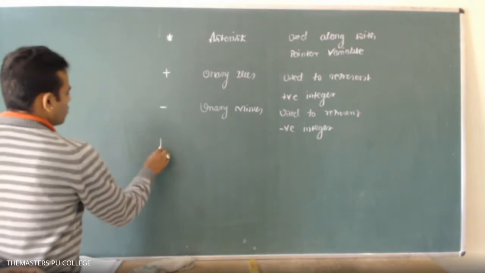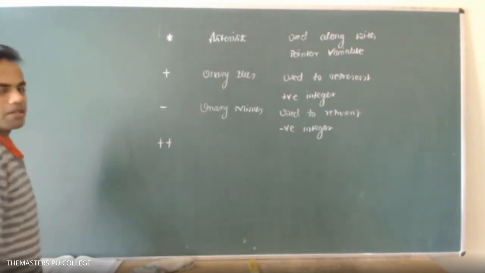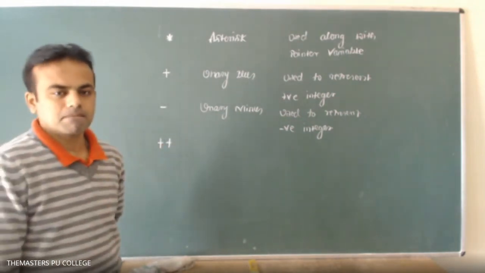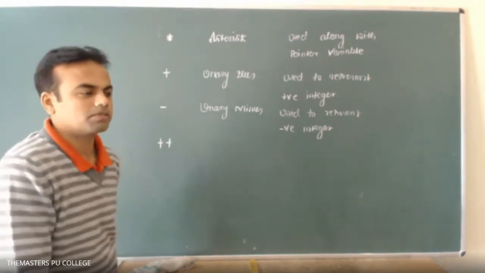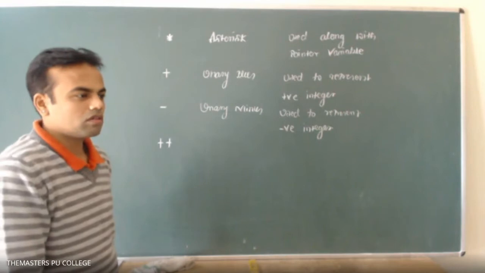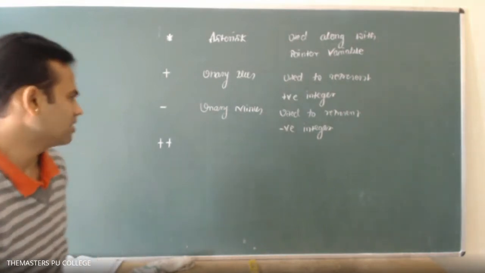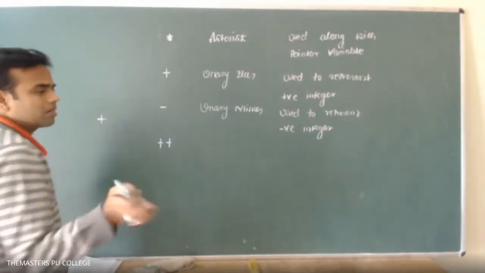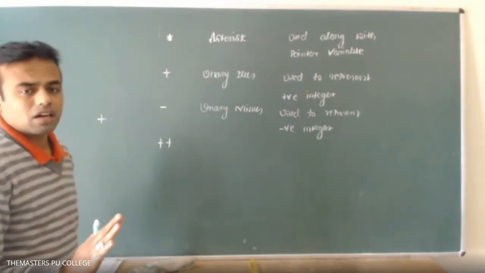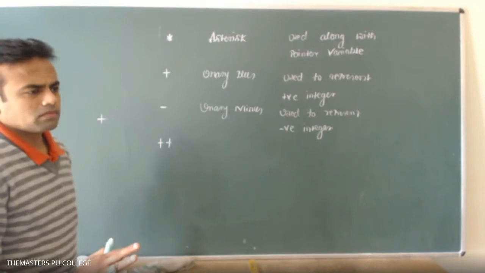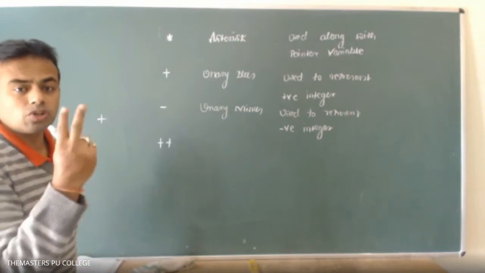Next, plus plus. What is this plus plus? We are using plus plus, C plus plus. Arithmetic operator. This plus is an arithmetic operator. Relational operator. All the arithmetic operators are binary operators, and they operate on 2 operands.